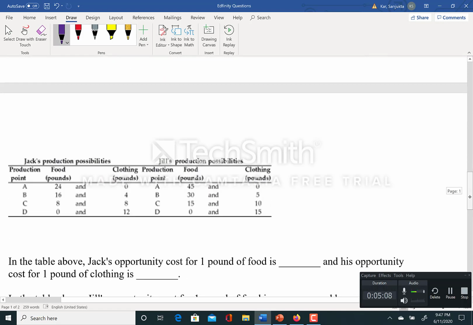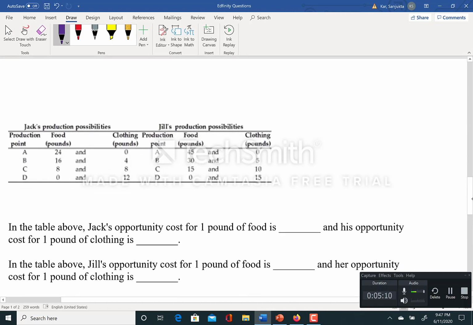Alright, take a look at this question here. They're asking you Jack's opportunity cost and Jill's opportunity cost. Again, to find the opportunity cost, I'm going to look at this point and this point for Jack. Basically, the maximum points on the PPF, that's what I'm looking at. I'm going to write 24 food is equal to 12 clothing.